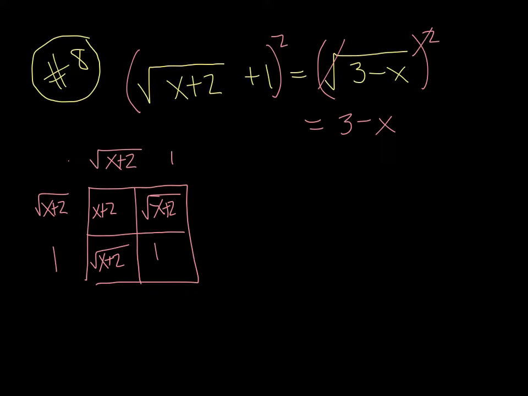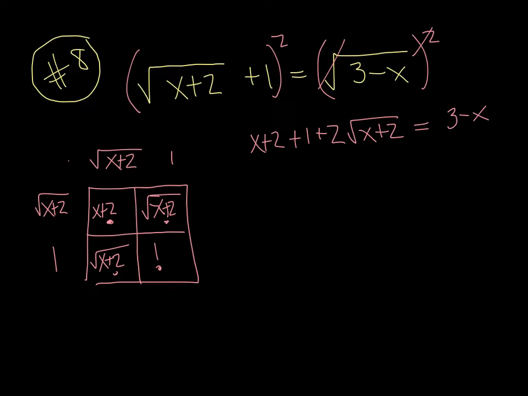So what ends up happening is that you have x plus 2 plus 1, plus 2 of these square roots of x plus 2. And we saw that this equals 3 minus x.